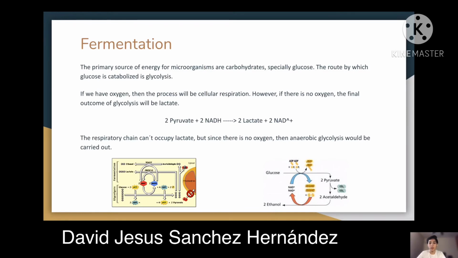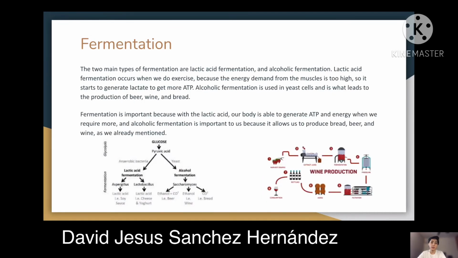The difference is that NAD+ transfers electrons from food molecules into NADH, and NADH donates electrons to oxygen. The respiratory chain can't use lactate, but since there is no oxygen, anaerobic glycolysis will be carried out. The two main types of fermentation are lactic acid fermentation and alcoholic fermentation.